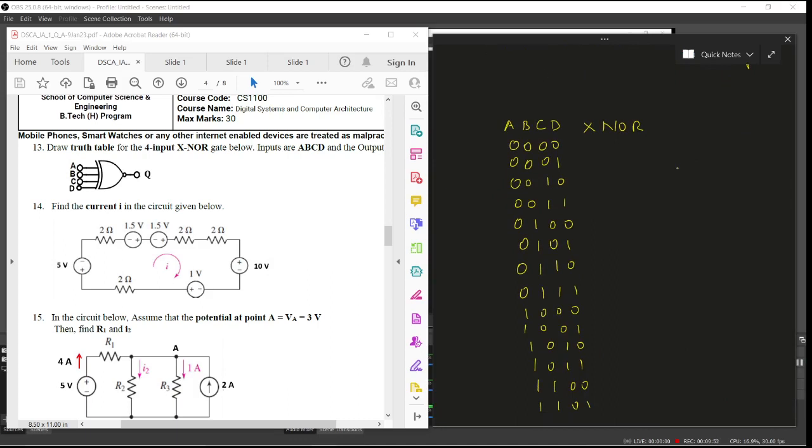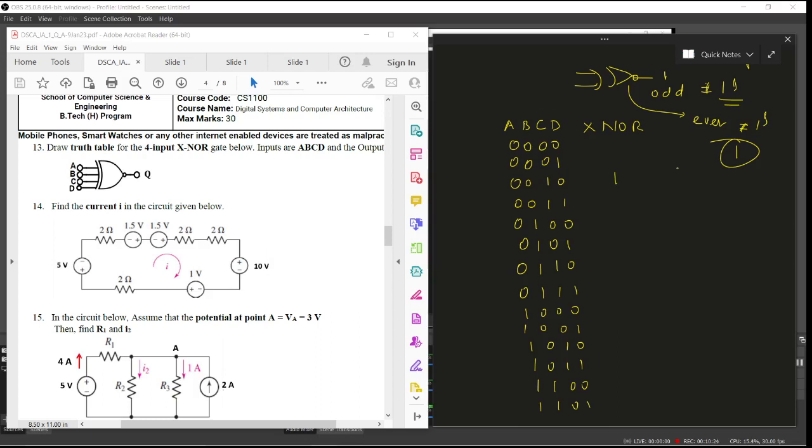I just told you the XOR gate counts odd number of ones. It is 1 when an odd number of ones are there in the input. XNOR will count even number of ones. It will be 1 when there are an even number of ones. So it is easy to find out what the value should be. Wherever an even number of ones are there, we should generate a 1.